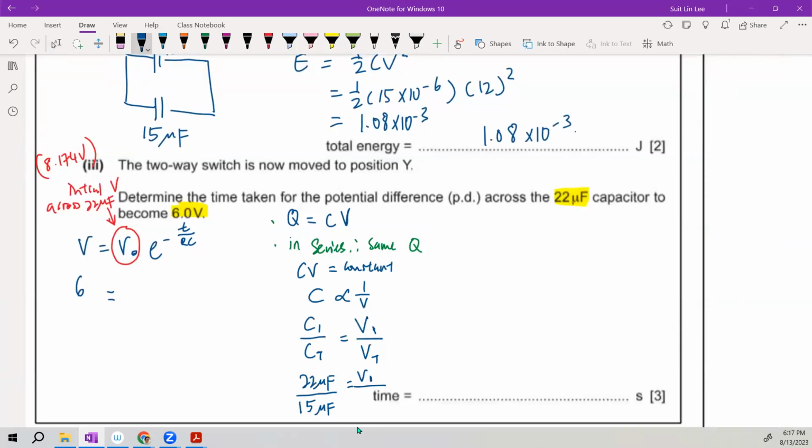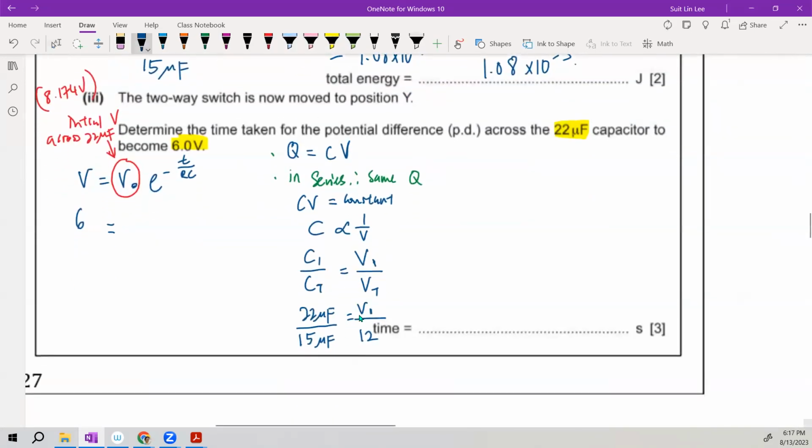But you do know the total voltage across both, which is 12. So I think you remember some version of me telling you ratio will always be your best friend. If you know how to use it, then you don't have to go through the pain that I did just now. 15. So this would be, did I cross multiply wrongly? 12, 22 is V1.